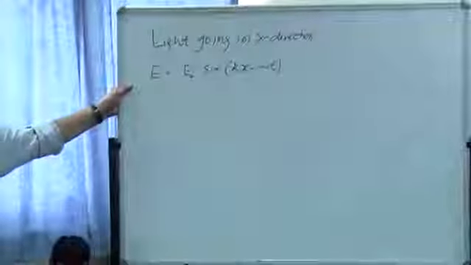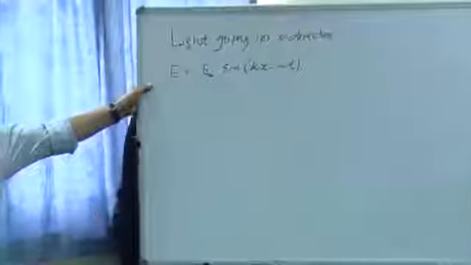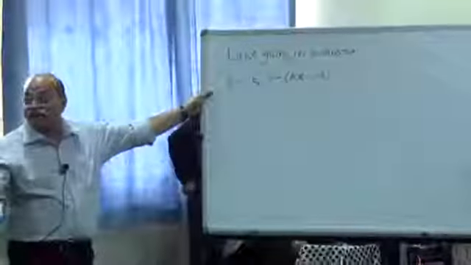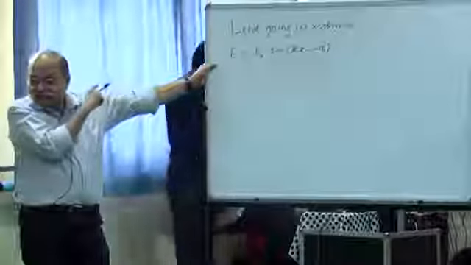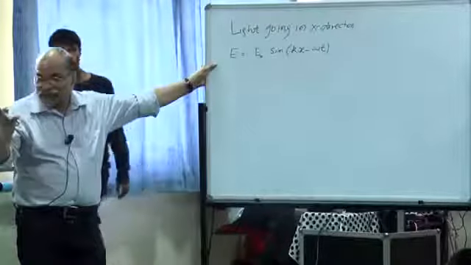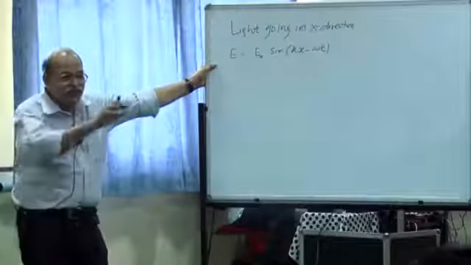So if you tell me the position x, this is the point where I need the electric field. If you tell me the time t, this is the time at which I need the electric field. I will put all those things in this equation and tell you that at this instant, at this position, this is the electric field for light going along the x axis.